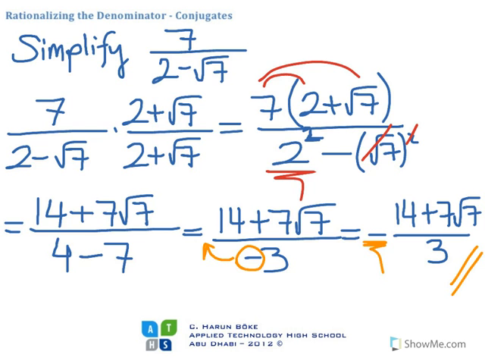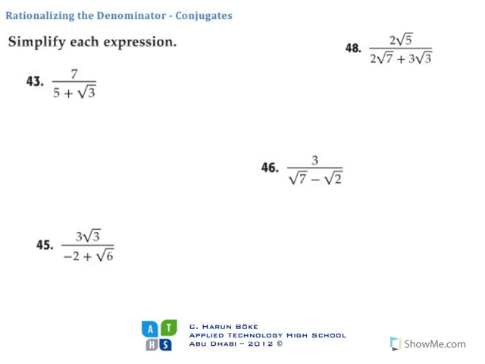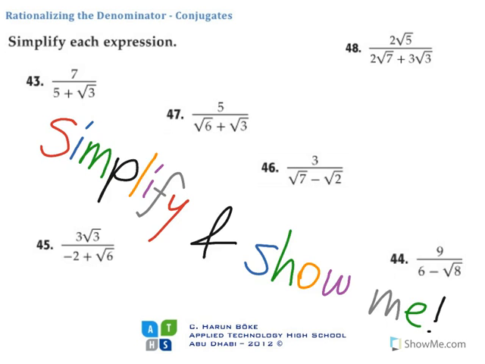You just find the conjugate of 2 minus square root of 7, which is 2 plus square root of 7, and then you do the multiplication. So now it is your turn. You will simplify the expressions by using the conjugates. Now simplify these expressions and show me your answers.